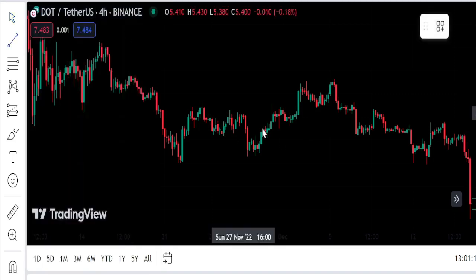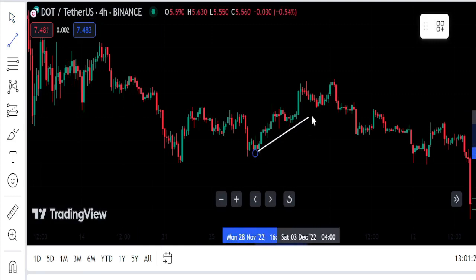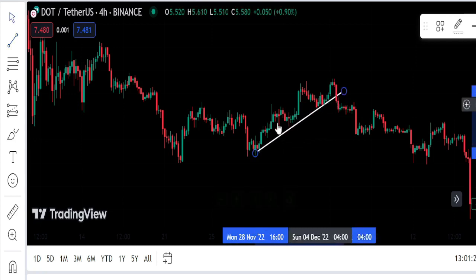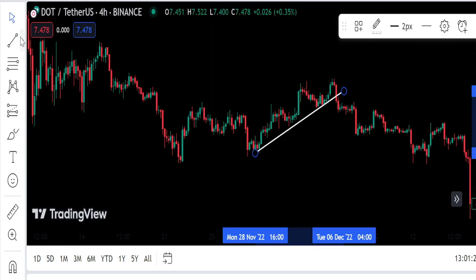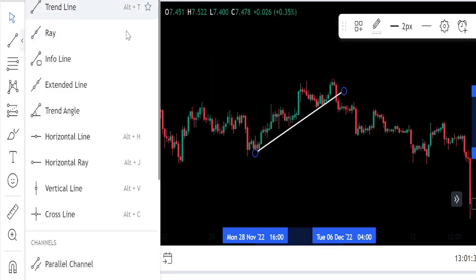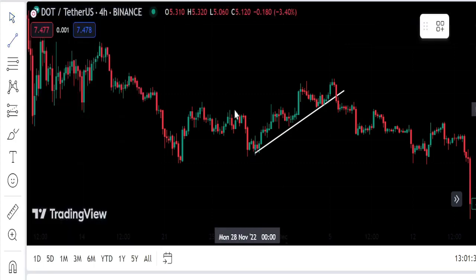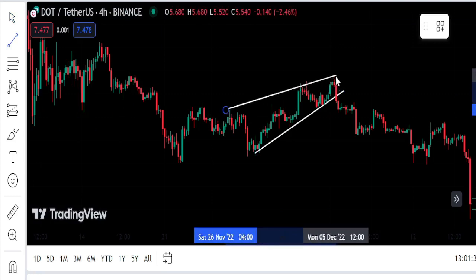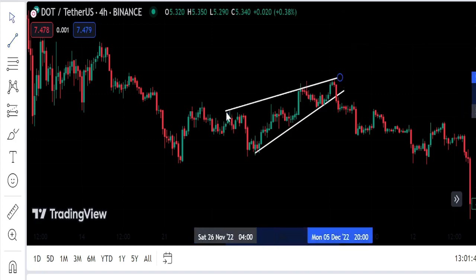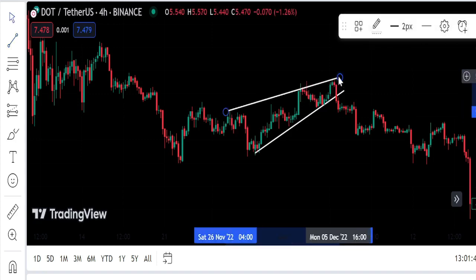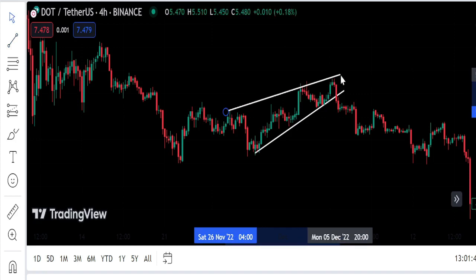If we consider once more that this is our higher low, then we can spot our higher high on these wicks of these candles. So here is our bearish pennant.